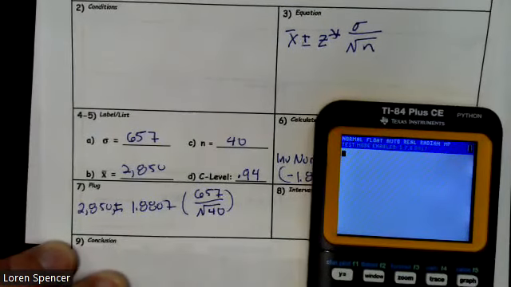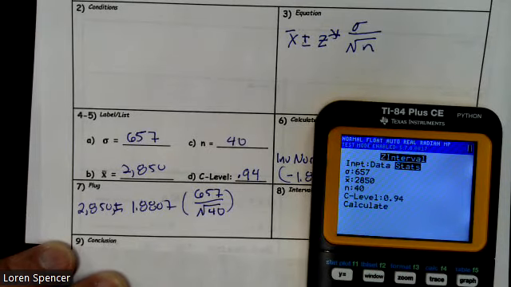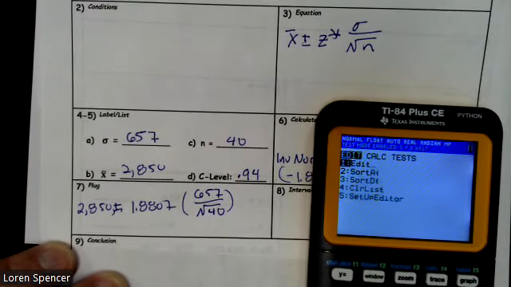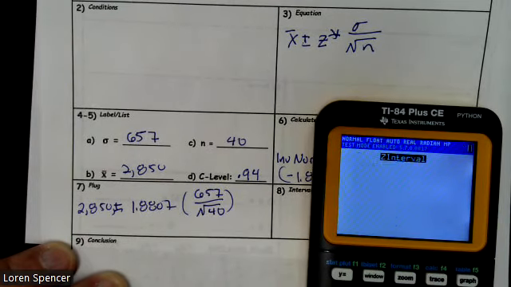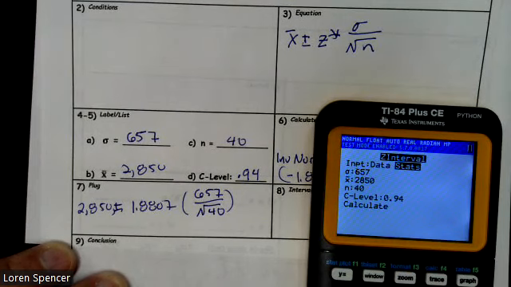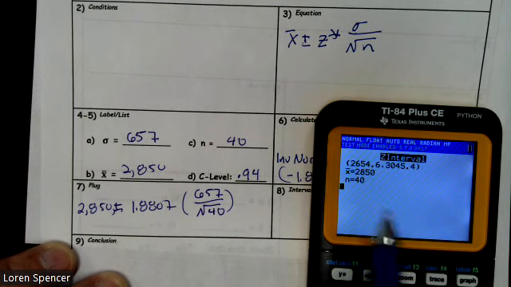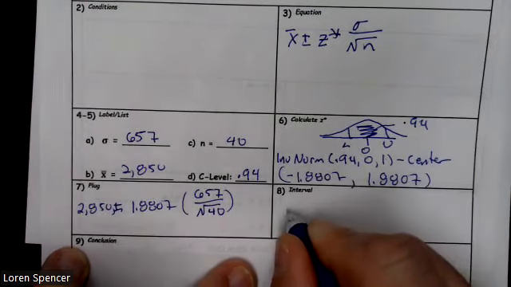So when I go to calculate my interval, I'm going to go stats, test, z interval, which happens to be number 7. Stats is highlighted. My standard deviation is 657, 2850, 40, and make sure I have a confidence level of 0.94. But when I do that, I get 2654 to 3054.